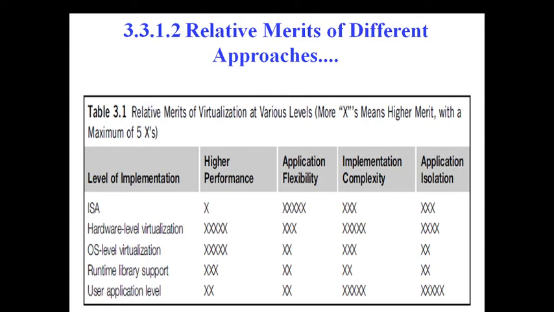Like this with the user application level also. So what we understood is that application isolation is very high, meaning there will not be any change in your application. No need to change your application when you use hardware level virtualization. Complexity is a little bit more, but performance is also more with hardware level virtualization, right?